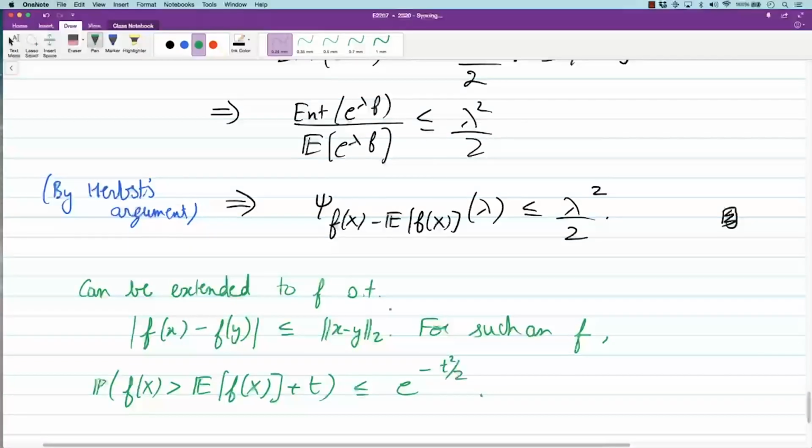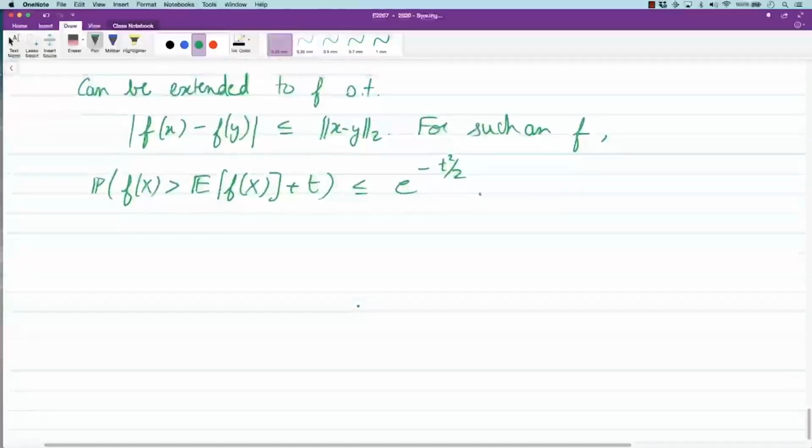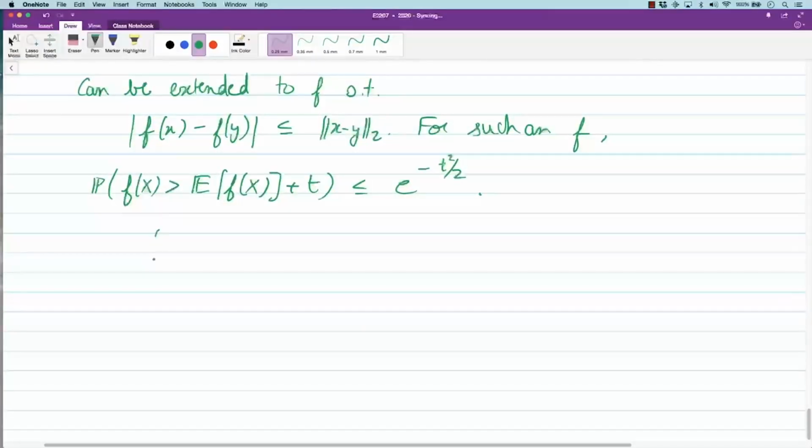Just as I said, you can approximate these Lipschitz functions by a sequence of continuously differentiable functions with bounded gradient norms, and then apply this bound to those functions. In fact, the sequence that I was talking about is just a convolution of f and the Gaussian kernel, with different means, with different variances.